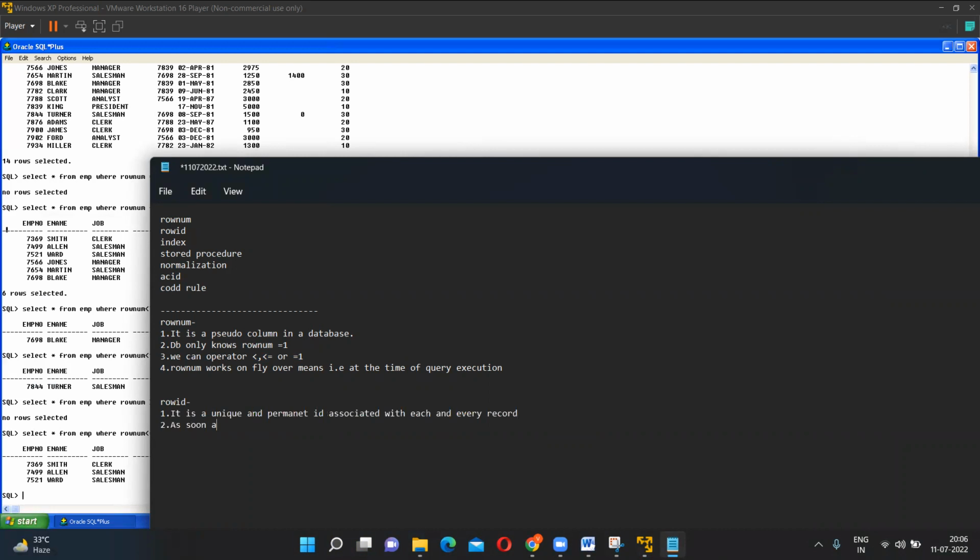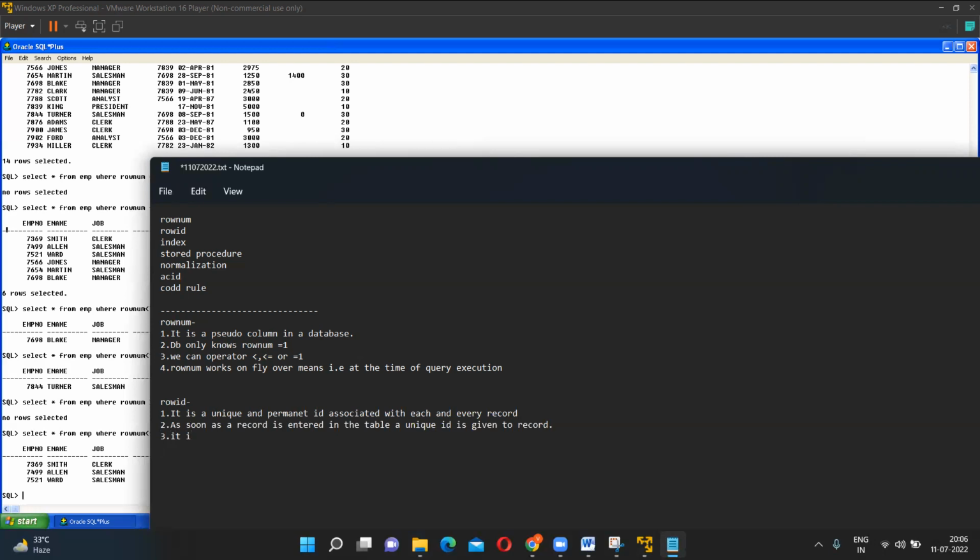As soon as a record is entered in the table, a unique ID is given to the record. Excellent, guys.